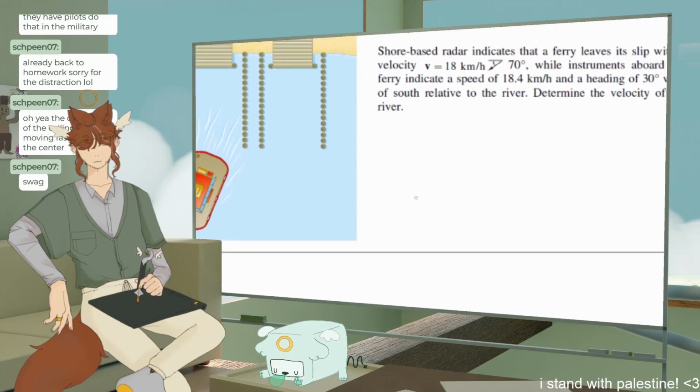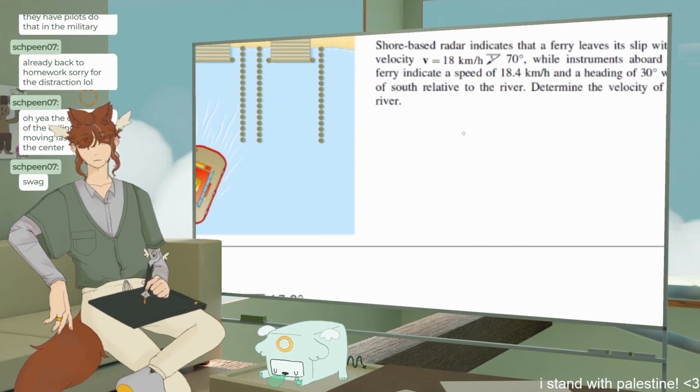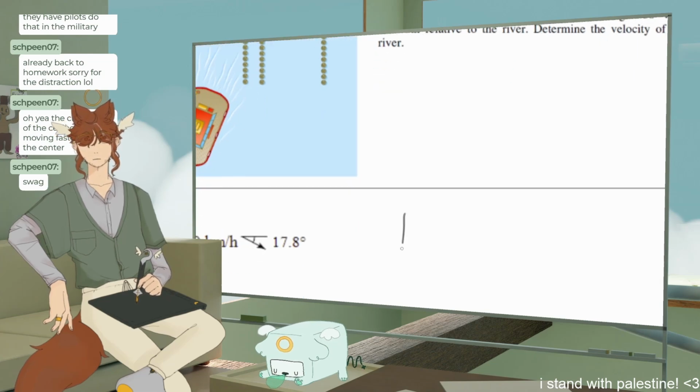So the shore-based radar is what is actually happening. That's our vector that's like here, right? This is shore. And then we have one that's the ferry, so this is the ferry.